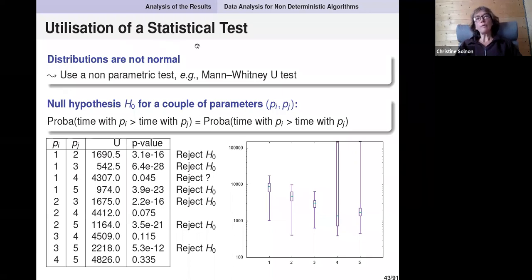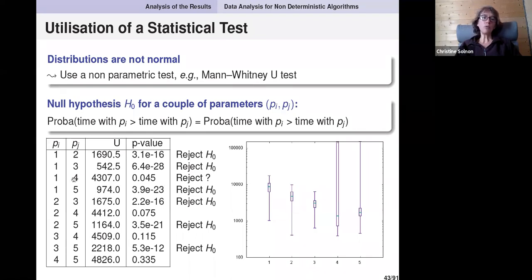There exist a lot of statistical tests, and it's always a bit difficult to find the good test. Here, an important point is that my distributions are not normal, so I cannot use a parametric test because I don't know the parameters of my distribution. So I must use a non-parametric test, and a very simple test for comparing pairs of experiments is the Mann-Whitney U-test.